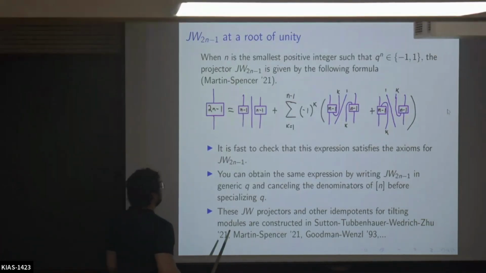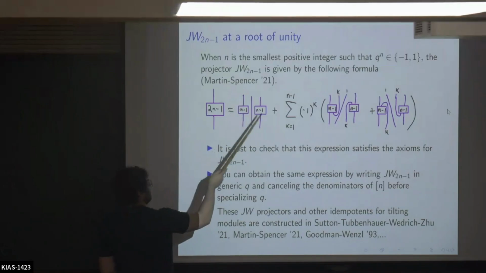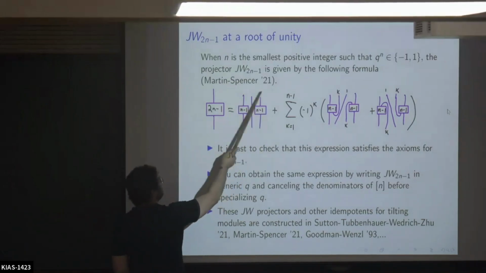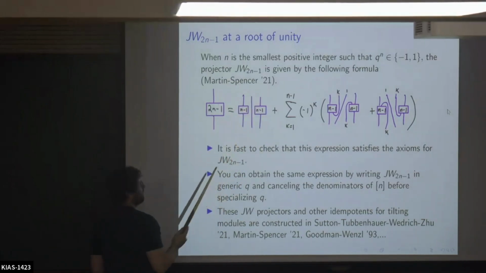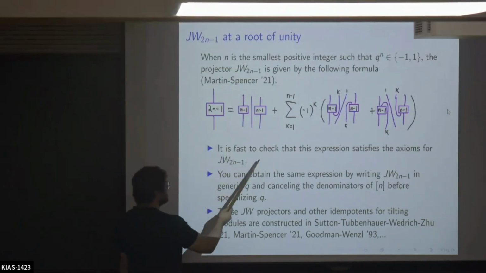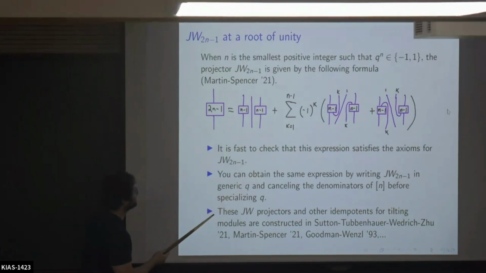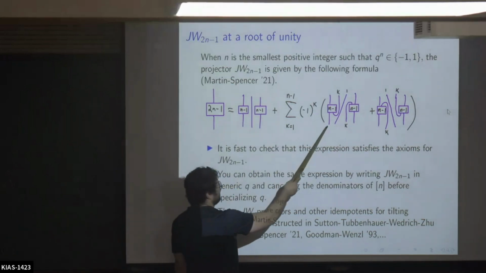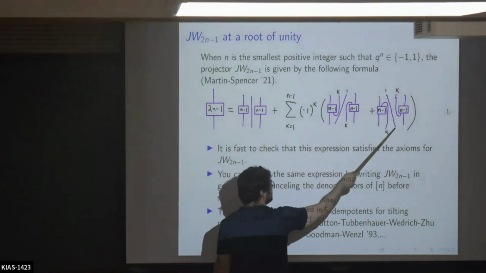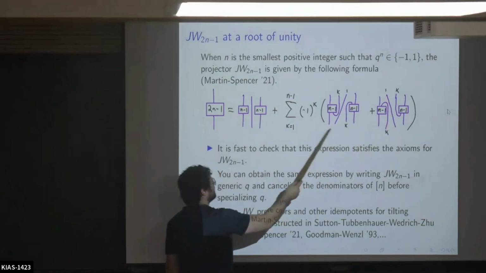And Indraneel and I found it independently, but we found that it was in the literature already, which was good. It's easy to check that this satisfies the axioms. That the identity coefficient is 1 follows from seeing that we have these diagonal strands here, so there's no identity element coming from those terms.